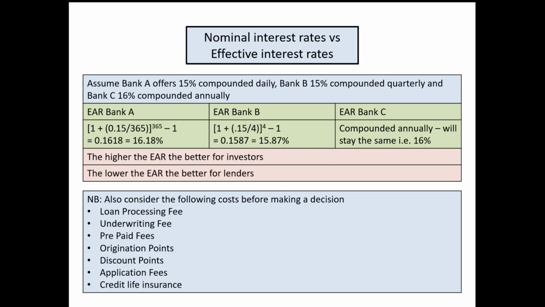Now remember, it's always 1 point. Now instead of saying 1 point, here I said 1 plus the decimal. It's the same thing. 1 point the decimal and 1 plus the decimal will bring you to exactly the same thing. So here we take that interest rate, that is 15% annually in the case of Bank A, and we divide it by 365 because it is compounded daily.